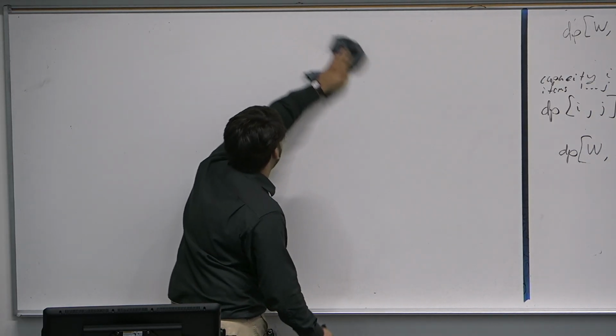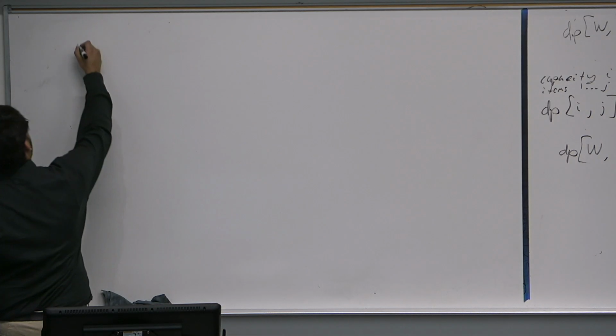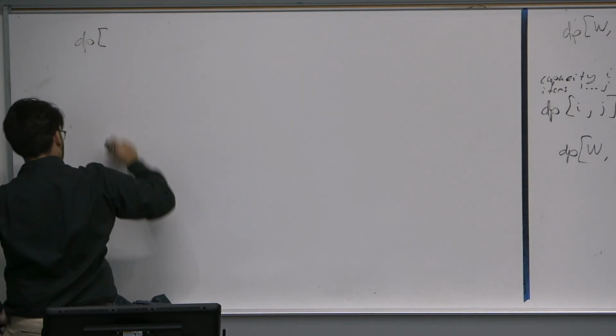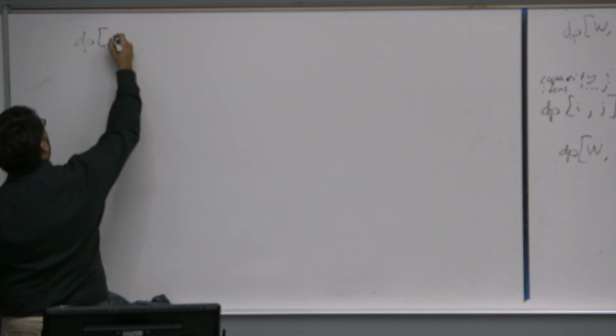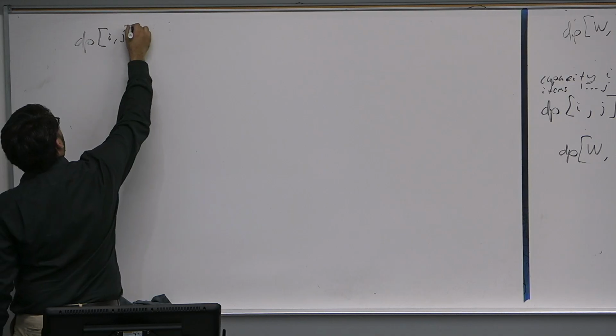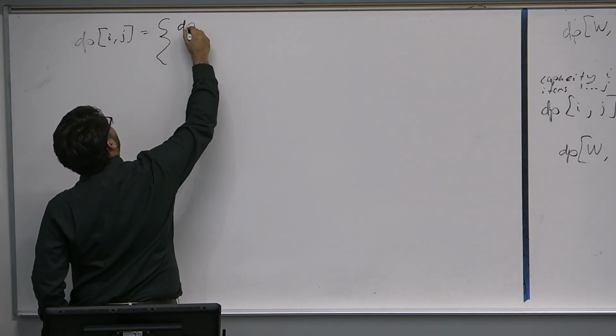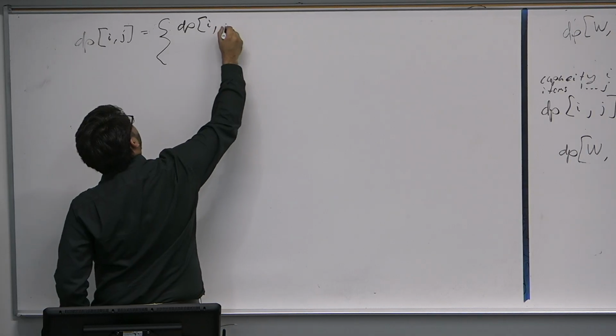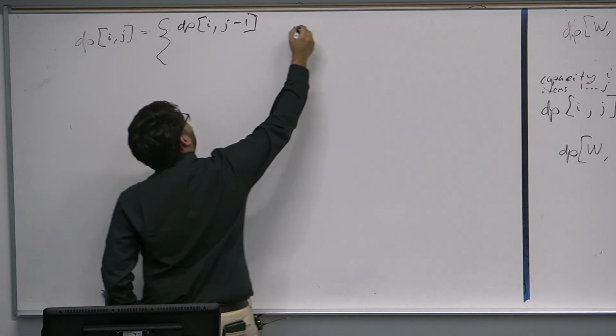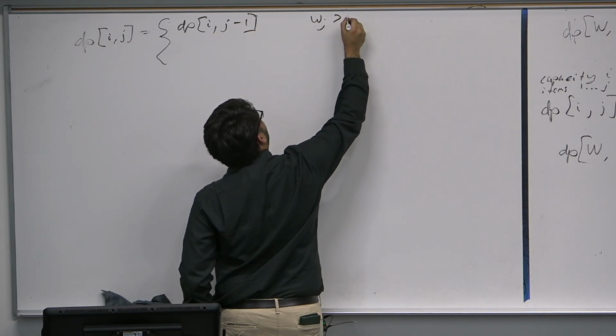Recall the Knapsack recurrence. It was dp of i comma j ought to be either, if you don't consider the item, it's dp of i comma j minus 1, if Wj exceeds i.